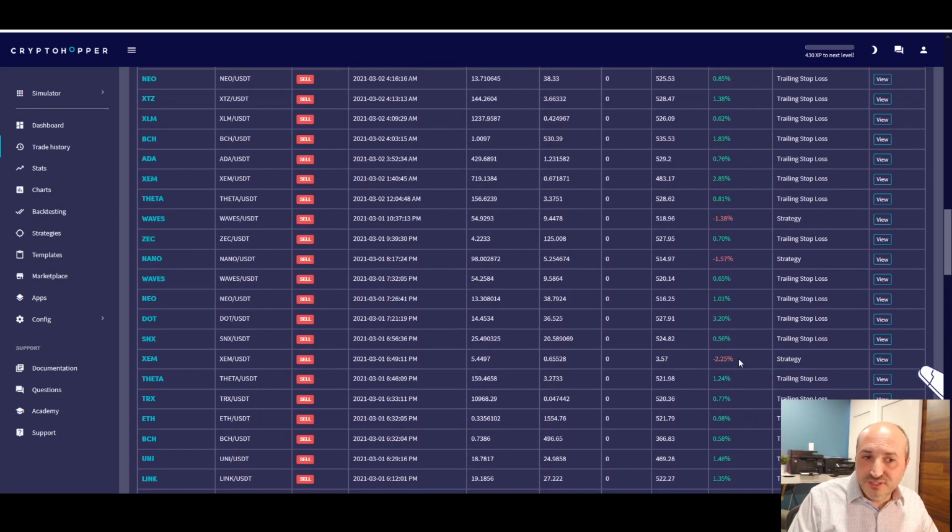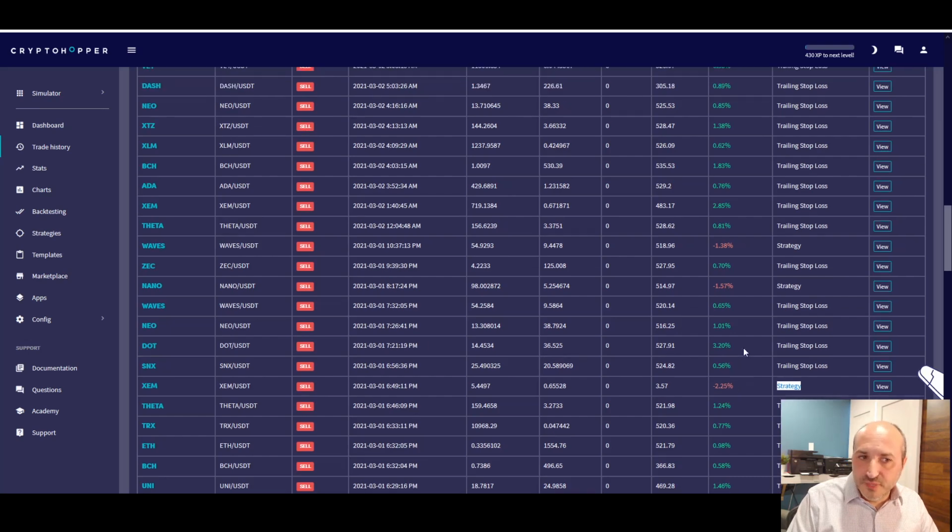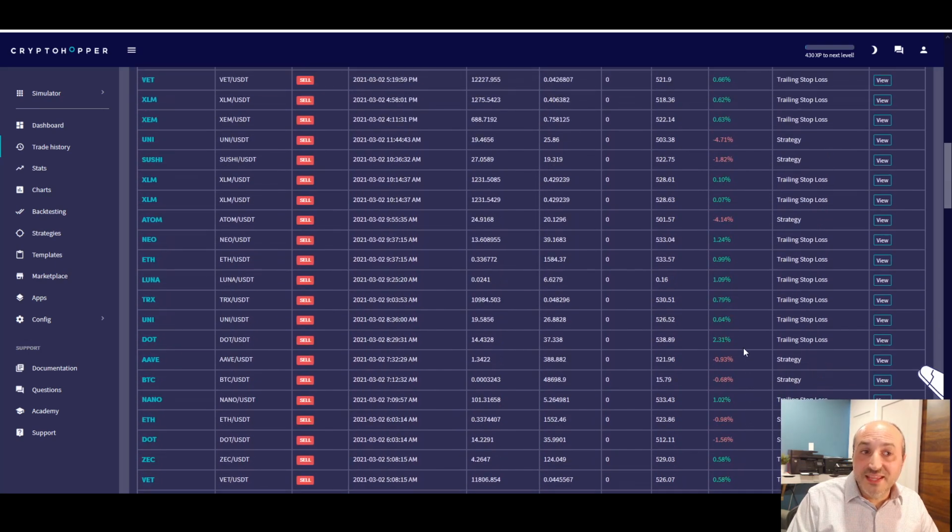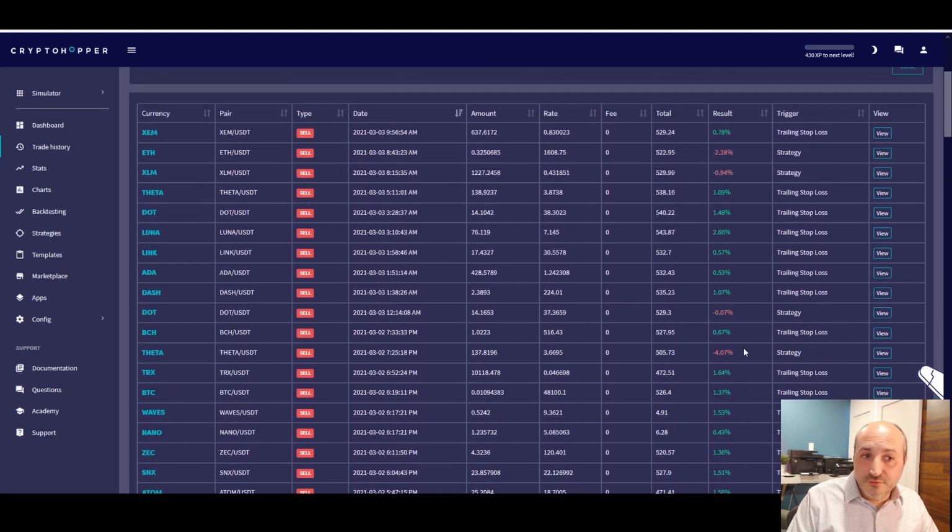Usually when you see a negative, it got sold by the strategy. It means that the percentage was not picked up by the trailing stop loss, and after a while the price started to go down, but before it went down too low, the strategy sold, so you have a loss, but smaller. As you can see, I do have a lot of green for this strategy.